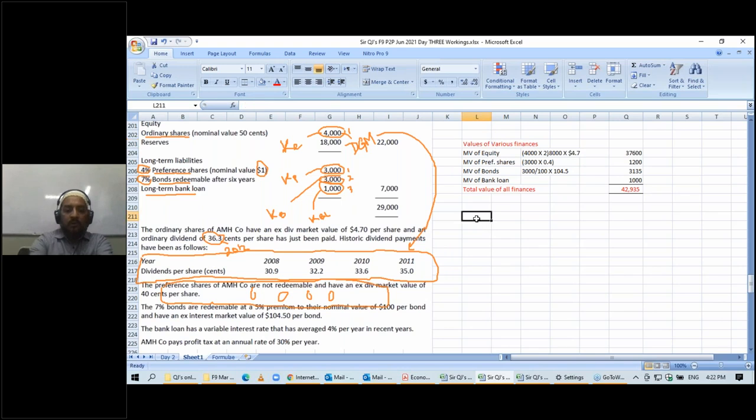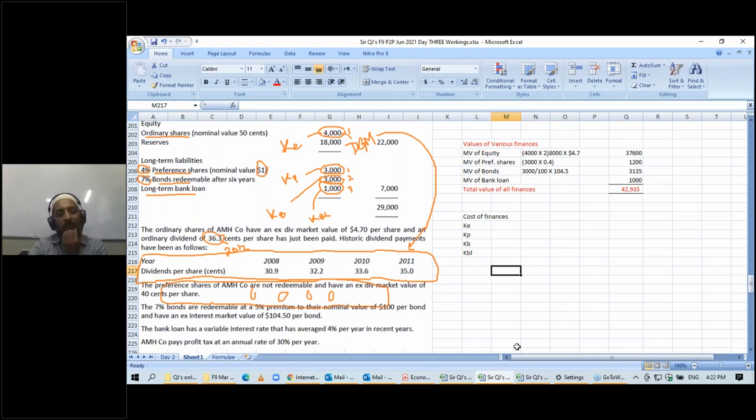Moving on to the cost of finances. Cost of finances will include the cost of equity, then the cost of preference shares, then the cost of bonds, and then the cost of bank loans. So these four costs are now to be calculated.